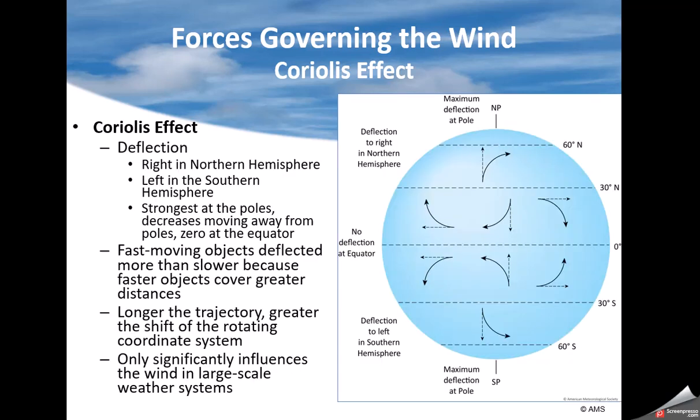And the deflection is always strongest, maximum at the poles. The least deflection occurs at the equator. So, literally, there is no Coriolis force at the equator. The strongest Coriolis force will increase as you go towards the poles. So there will be more and more deflection.